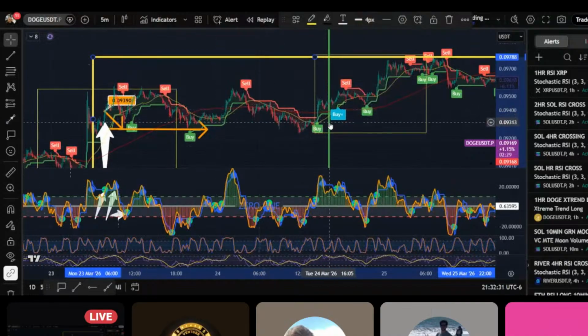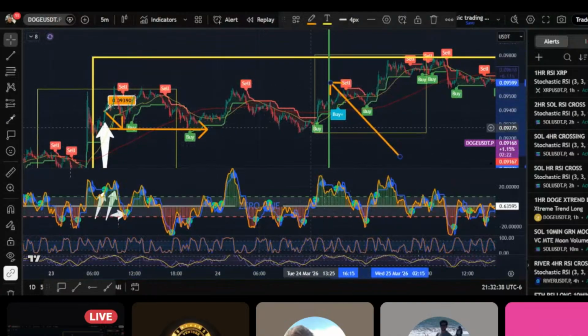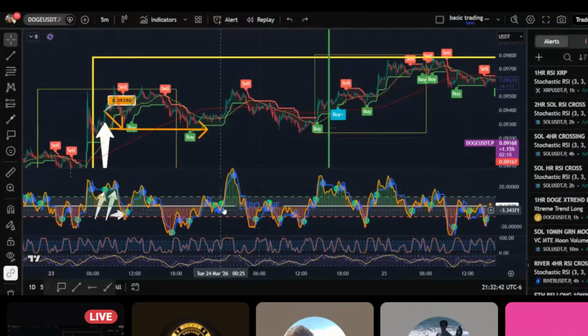And we still have the 1 hour. See this green line there? Remember, that's our 1 hour green moon. So that's basically where we see that volume come in and we see that move happen. But we'll study that a little bit more down the road. That just triggers why there's a pump coming, right?